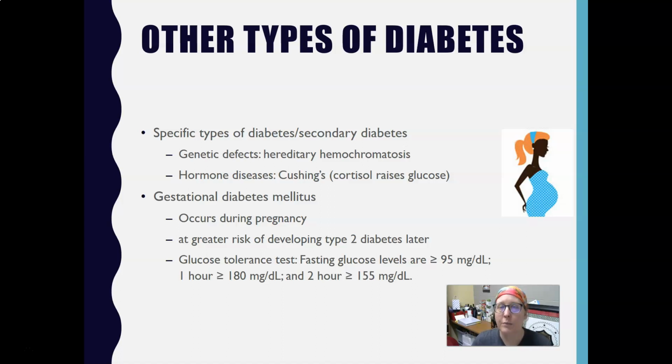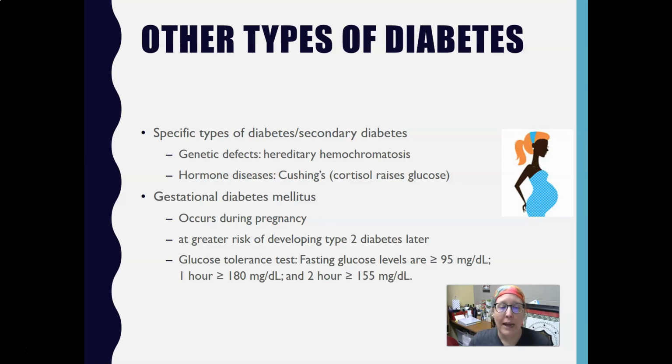We haven't learned this yet, but after spring break we're going to learn that cortisol is a stress hormone, and when your body perceives stress, it perceives that you might need to fight something off, and you therefore are going to need glucose, energy, ATP, right? And so it will raise your glucose. If you have Cushing's disease, where you're chronically producing too much cortisol, you will also have chronically high blood glucose levels, even if you don't ever eat any sugar.